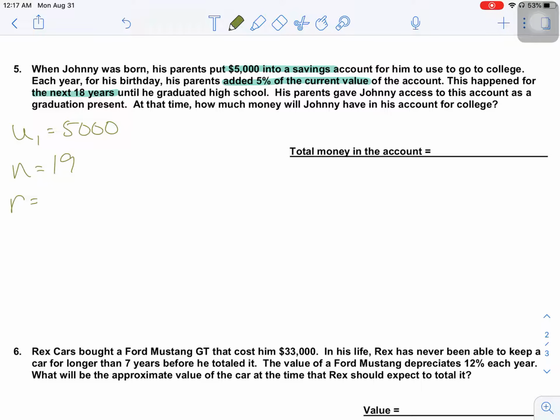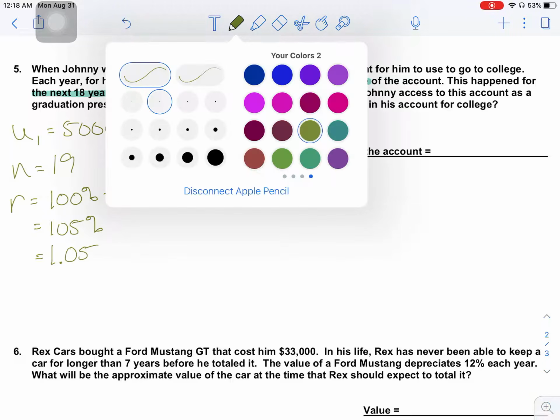And R is equal to, remember this is not just 5%, it's 5% being added to the current value of the account. Well, the current value of the account would be 100%. Whatever's in there is all of it. And we're going to increase that by 5%. So 105%, which translates into 1.05 as a decimal.